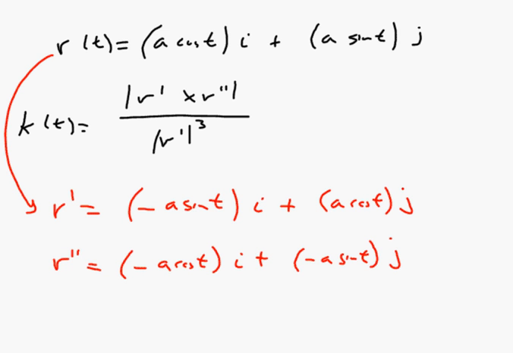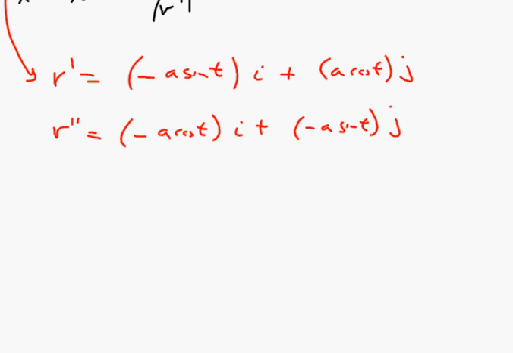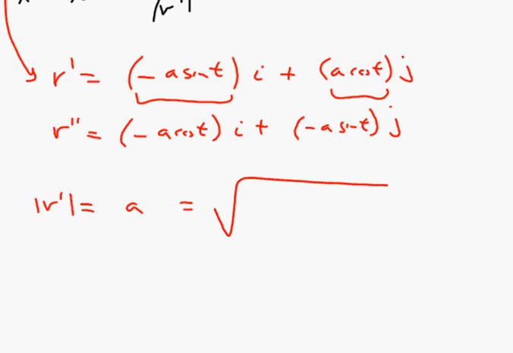So let's get the norm of these. We need the norm of r prime. But if you look carefully at that, that shouldn't surprise you. That's just a. If you don't believe me, let's do this out. It's going to be this component squared plus that component squared, and the square root of that expression. When you square this, you get a squared sine squared t plus a squared cosine squared t.